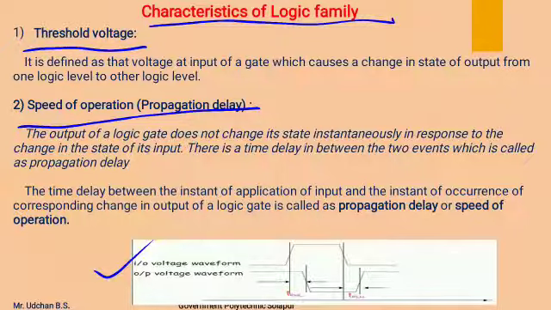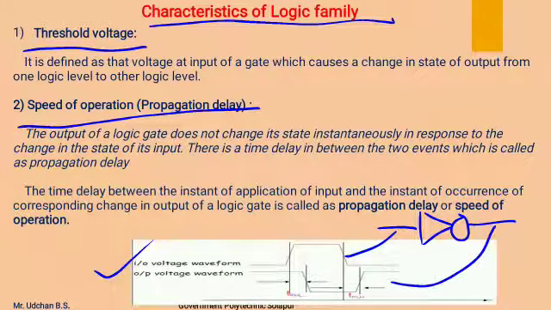In this, two waveforms are shown, the input voltage waveform and the output voltage waveform. The input voltage waveform is connected to the input terminal of the NOT gate, and this is the output of the NOT gate. The input is varying from logic low level to high level. Accordingly, as we know, the NOT gate inverts the input and gives the corresponding output at the output terminal.